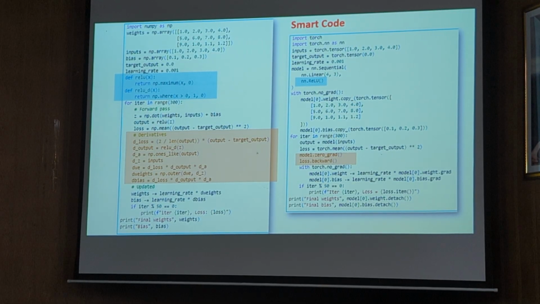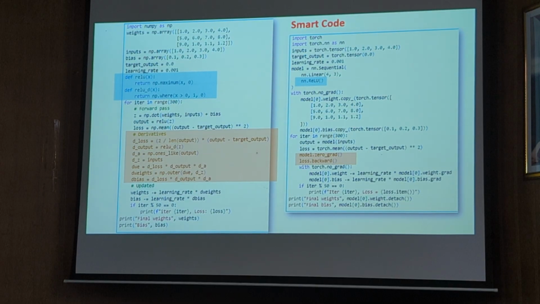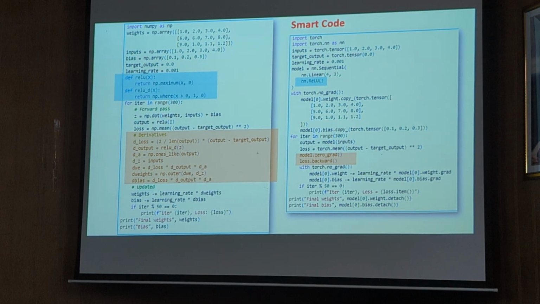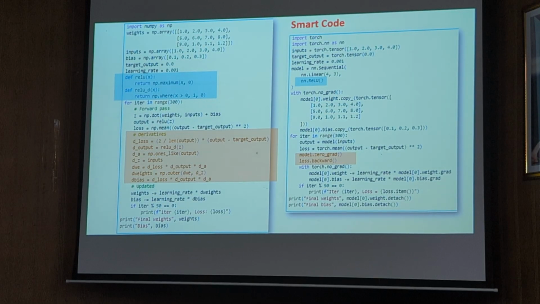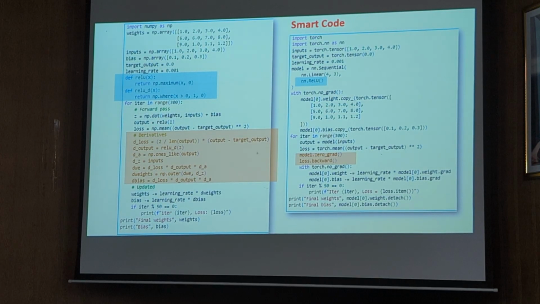Loss dot backward in every code. However lengthy the code, just write loss dot backward and open bracket. That command will control the whole derivative structure. Even if this is a huge neural network, just one time you have to write loss dot backward and open bracket. Okay, now it is easy.